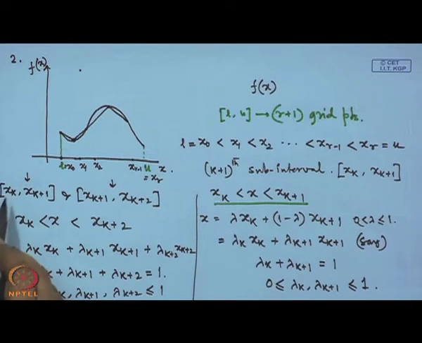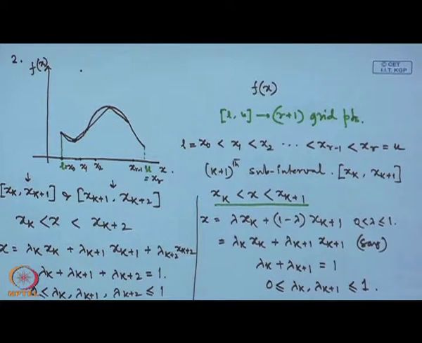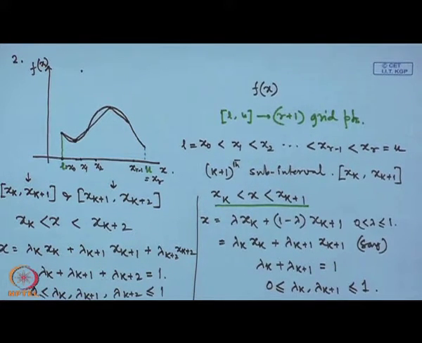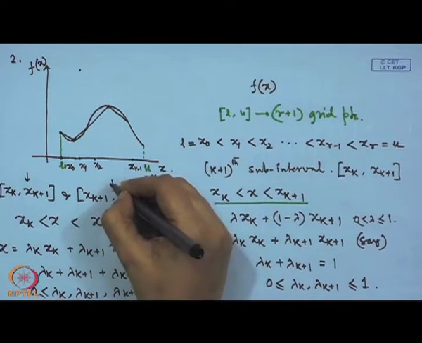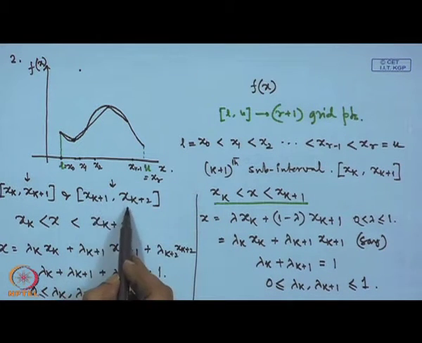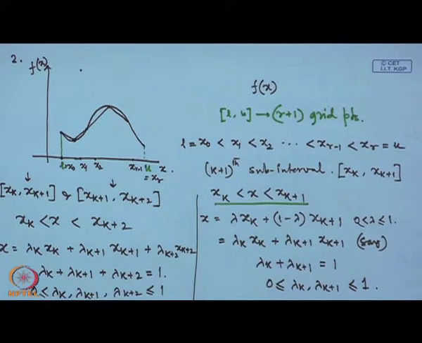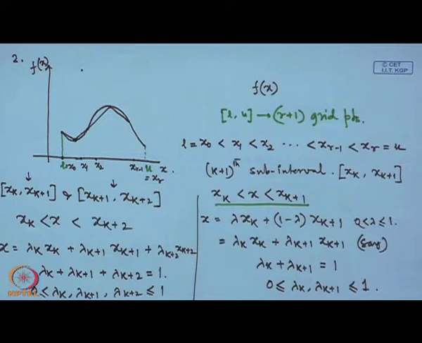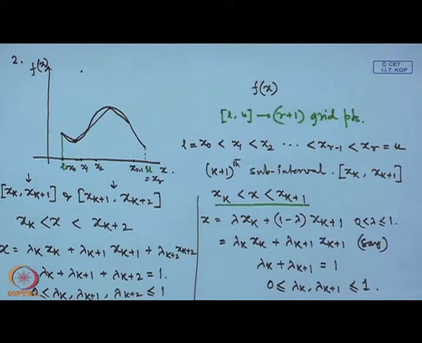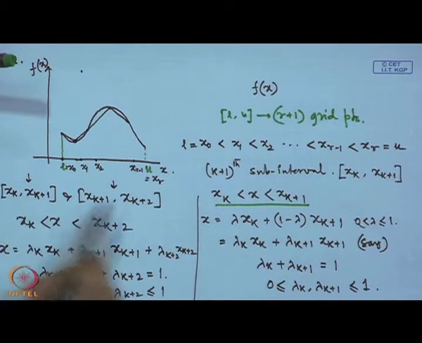Either if x is in between xk to xk plus 1, we will have lambda k and lambda k plus 1 positive, or if x is in the interval xk plus 1 and xk plus 2, then lambda k plus 1, lambda k plus 2 is positive, but here lambda k plus 2 is 0 and here lambda k is 0, because x cannot lie simultaneously in both the intervals.